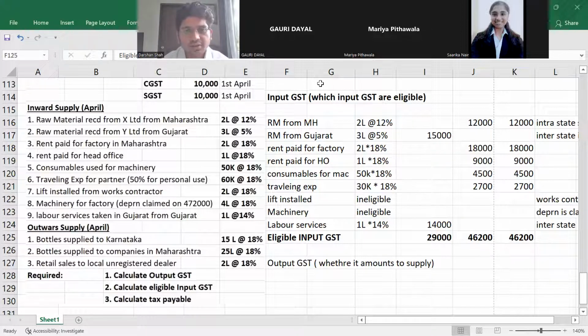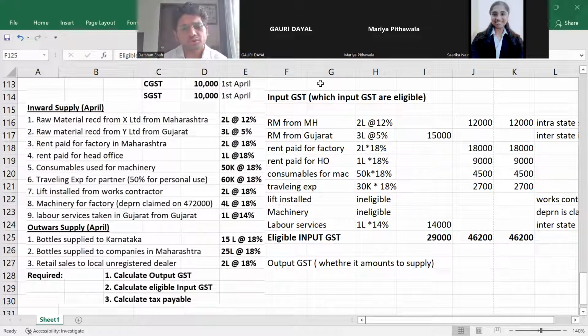Labor services taken in Gujarat from Gujarat. In this case, you have a concept called place of supply. We first calculate the place of supply, and on the basis of place of supply rules, we decide whether it is interstate or intrastate. Place of supply is not in your syllabus, so for you these will be simplified examples.